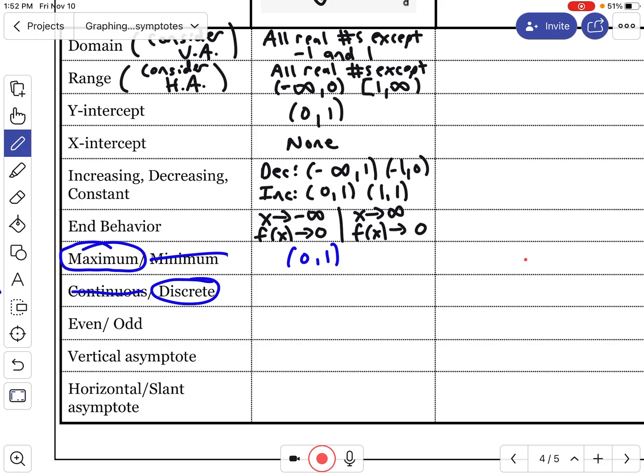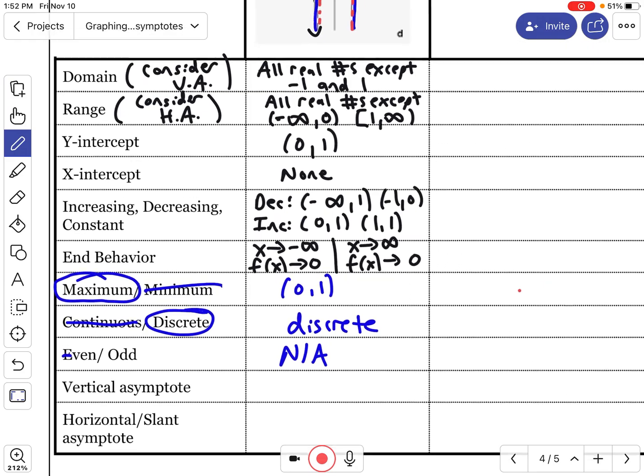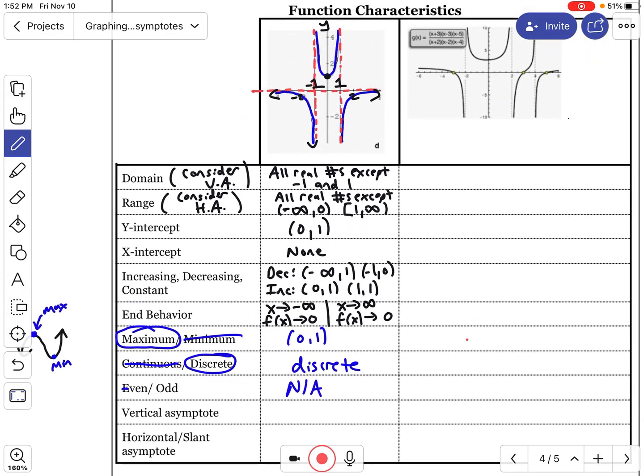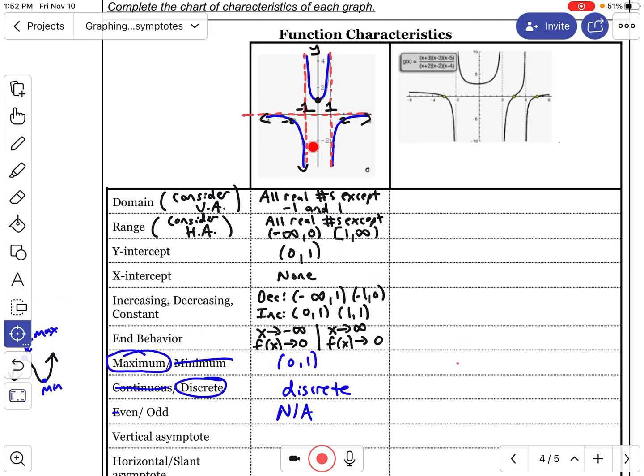Odd and even, that's more for polynomials. So you could just put NA. Vertical asymptotes, those are pretty much these dotted lines that are given. So you have a -1 and +1. And whenever they're vertical lines, we want to write them as x equals. So this would be x equals -1 and x equals +1.